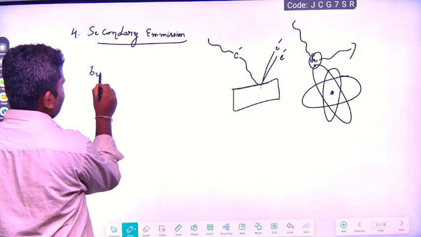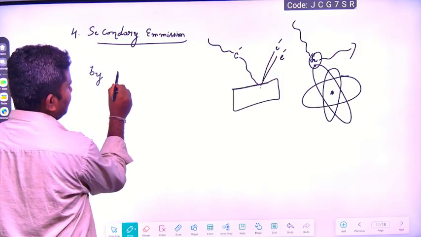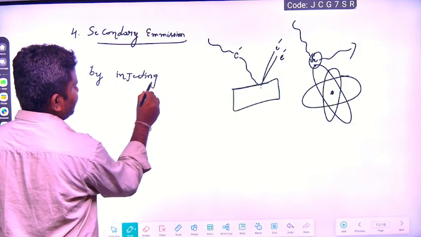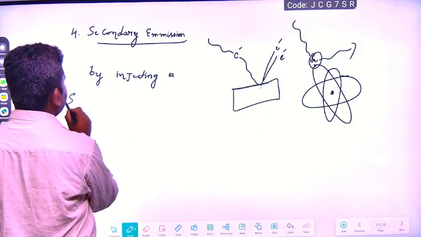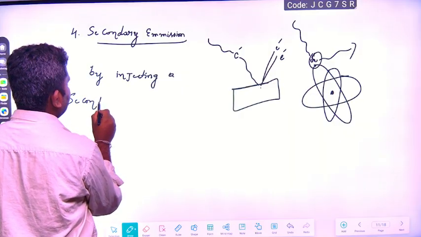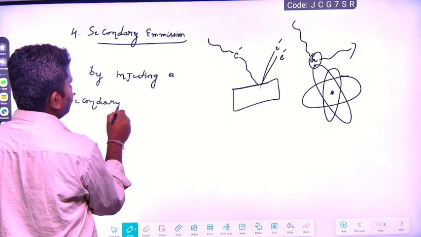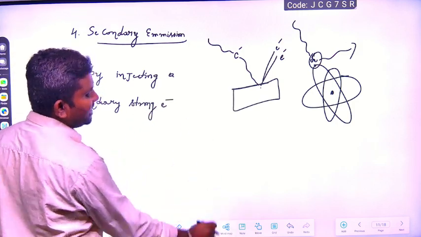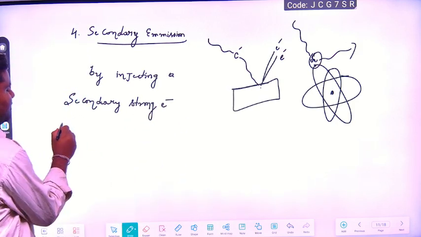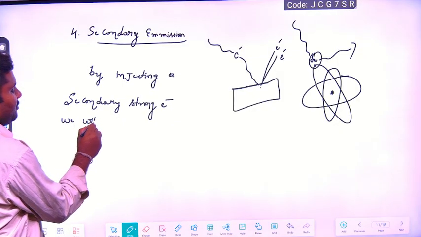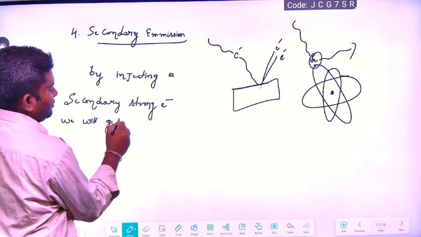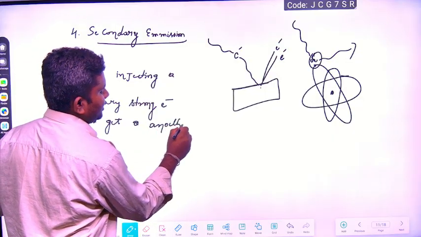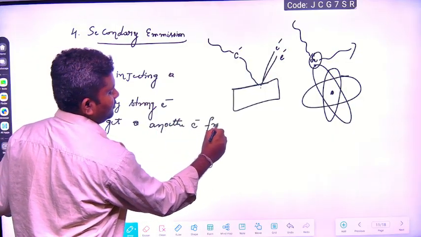So secondary emission means, by injecting a secondary strong electron, we will get another electron from the metal.